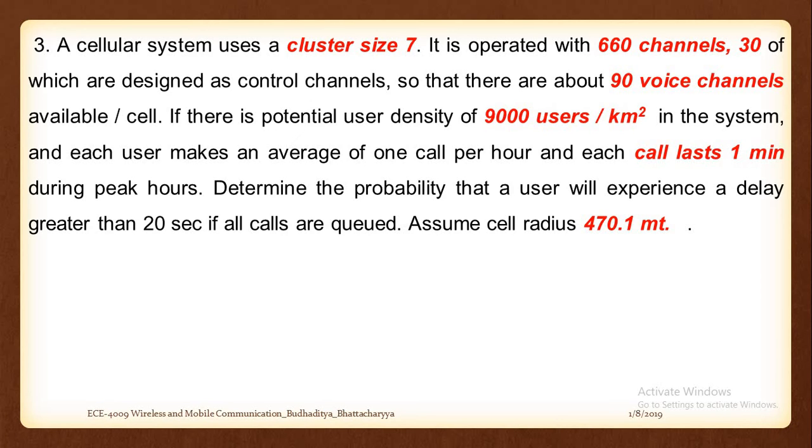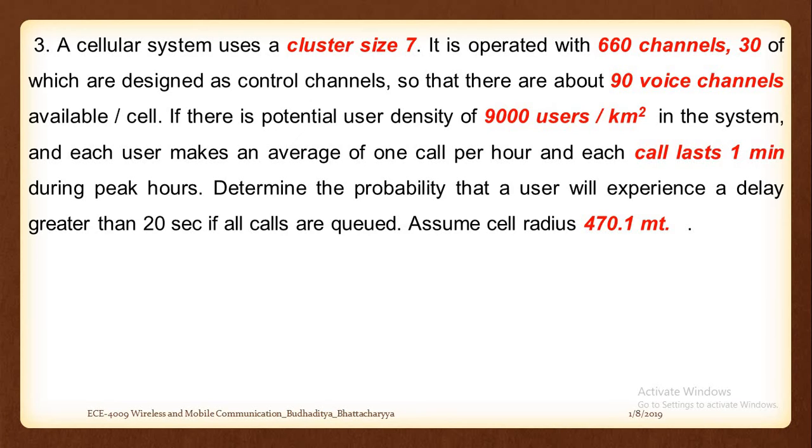So here the probability is unknown. The other 2 problems had probability given. Here in the third problem we have to find the probability. So the first thing that should come to your mind is that you need the intensity and the channel; these 2 should be given, or you have to find them somewhere, because the third one, the probability, is what you have to find. Determine the probability that a user will have to experience a delay greater than 20 seconds if all calls are queued, assuming a radius of 470 feet.